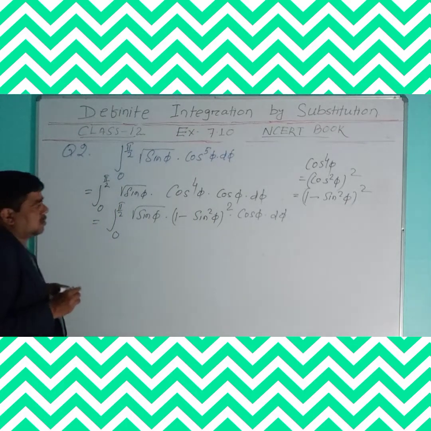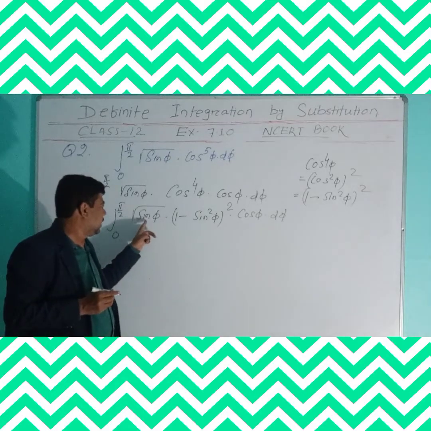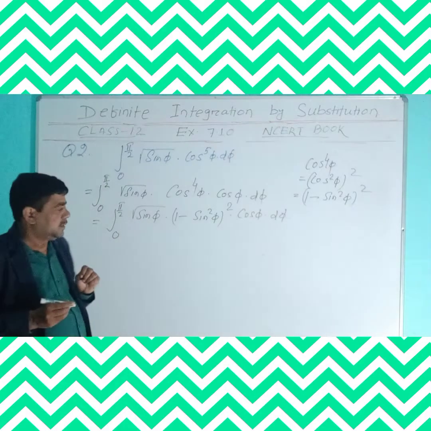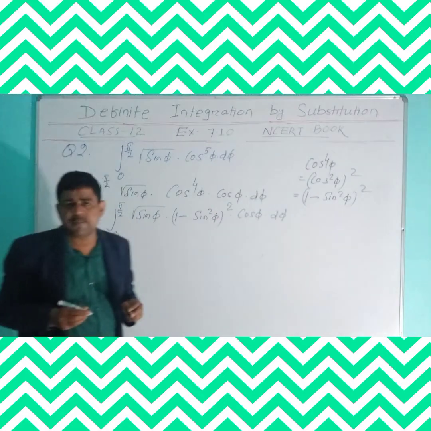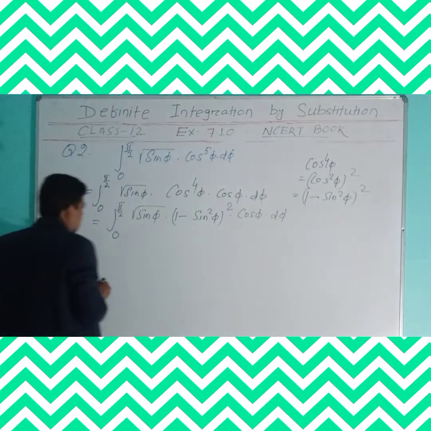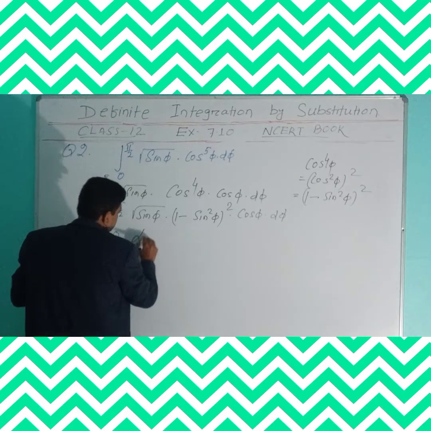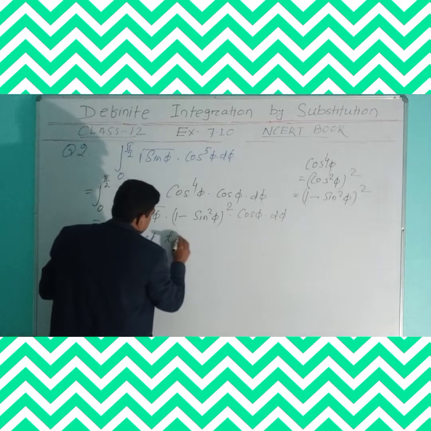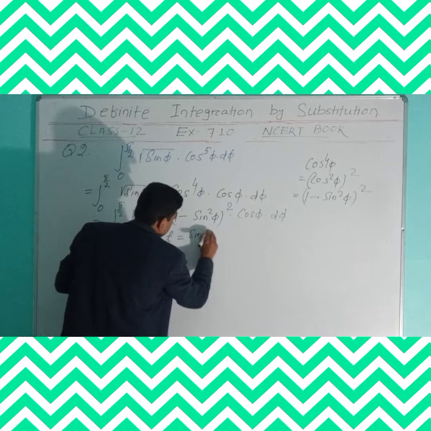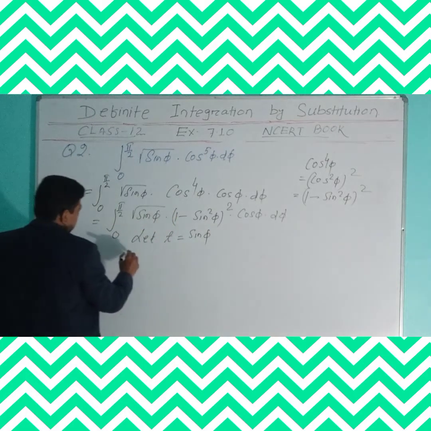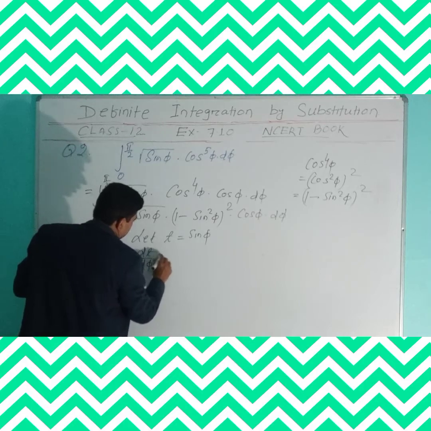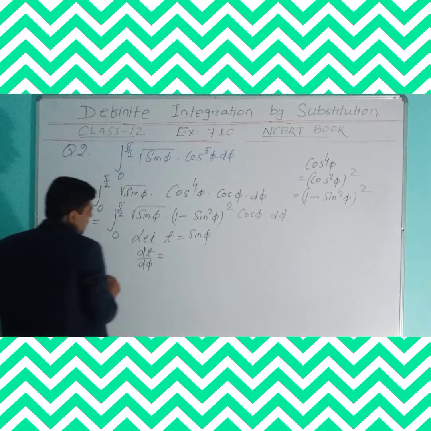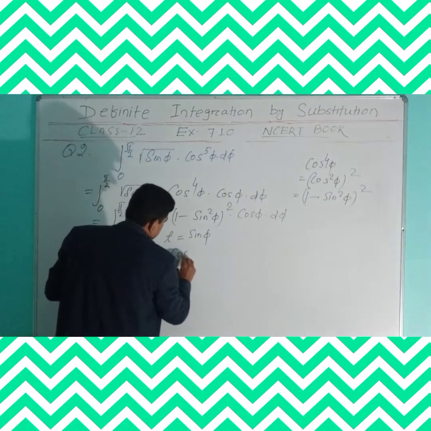Now let's see the question. If you take sin phi equal to t, the derivative of sin phi will be cos phi d phi, which we can replace. So let t is equal to sin phi. Let us find the derivative of t with respect to phi, which is cos phi.